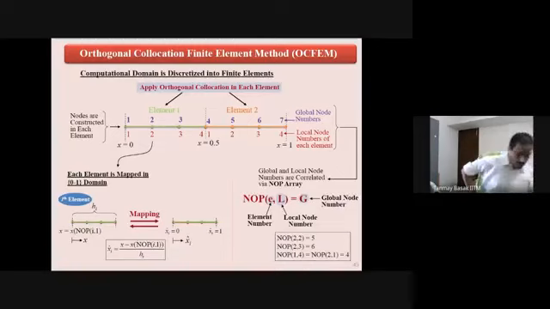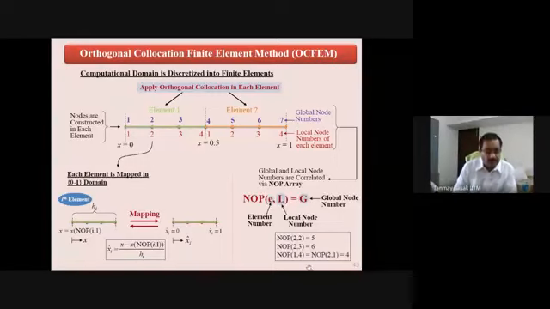So next we'll be talking about OCFEM, which is orthogonal collocation finite element method. The computational domain is discretized into finite elements, and we apply orthogonal collocation on each element. Basically, you have element 1 and element 2.